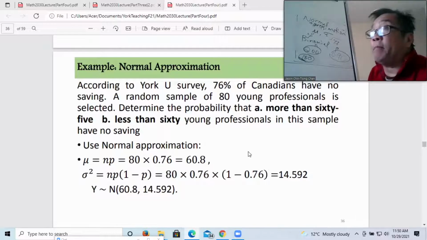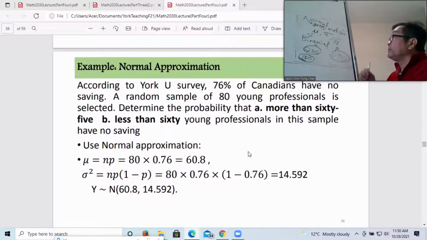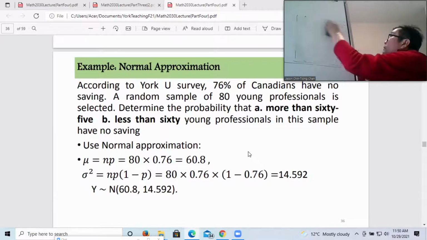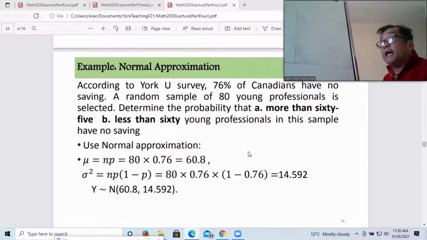Do you know the meaning of parameter or not? Parameter, are you okay with the term? The calculations based on the populations.